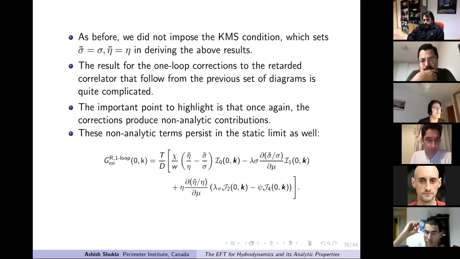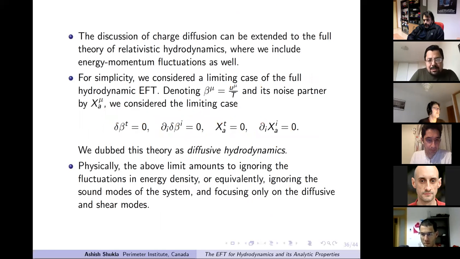But that does not seem to be true anymore in your formalism. Is that right? Well, what you're saying is that if I can compute one of them, I can compute the others. That is essentially the statement of the KMS condition or the fluctuation dissipation theorem. Exactly. The imaginary part of the retarded correlator will give you the symmetric correlator, etc.